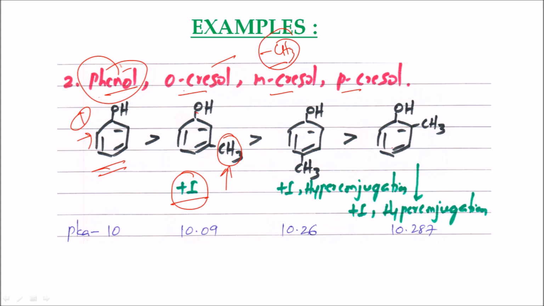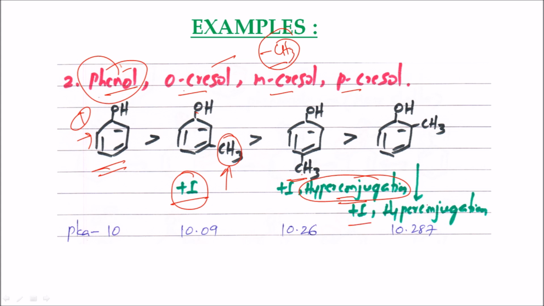Now if it is in para position, para and ortho positions are having negative charge, right? So if they have negative charge, we get one more effect called hyperconjugation. So in paracresol and orthocresol, we have two effects. One is plus I, which is common in all three.